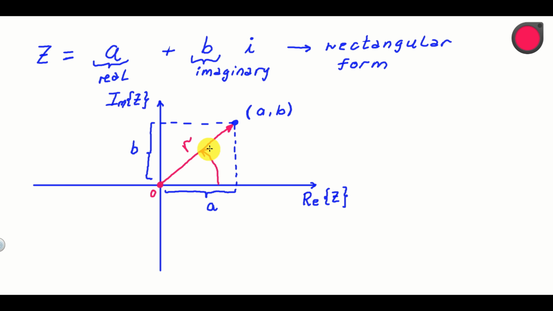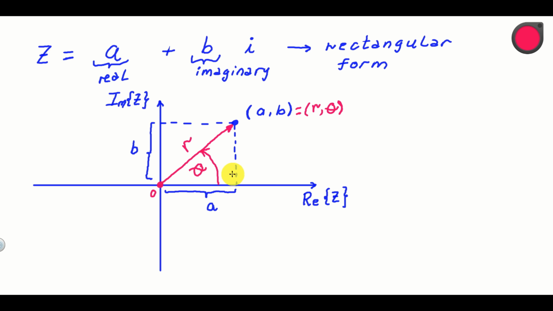This angle is denoted by theta. You can pronounce this Greek symbol as theta or theta. I will pronounce it as theta. Consequently, the point (a, b) has the coordinates r and theta. What's the relation between a, b, r, and theta?